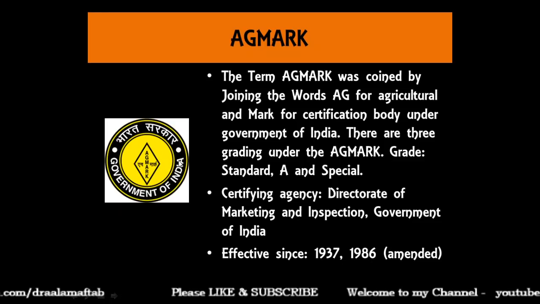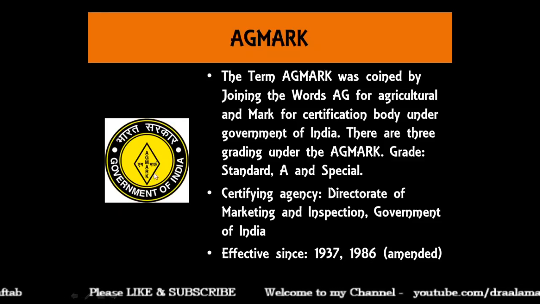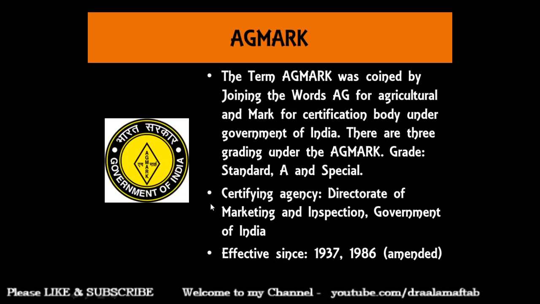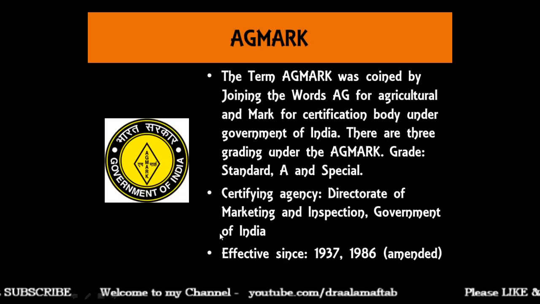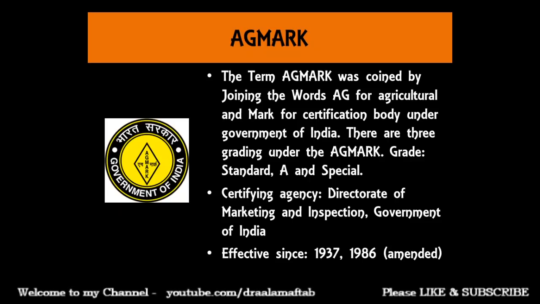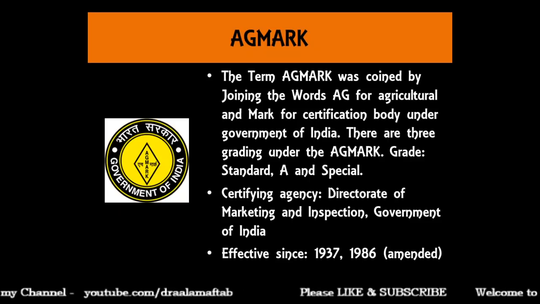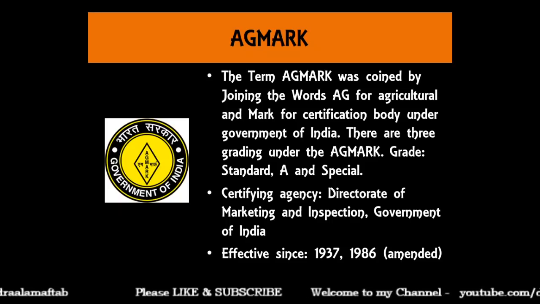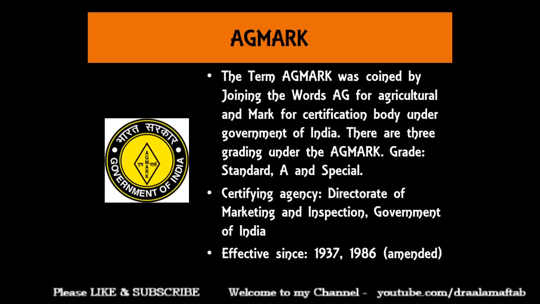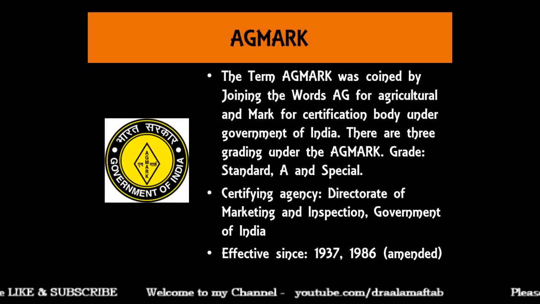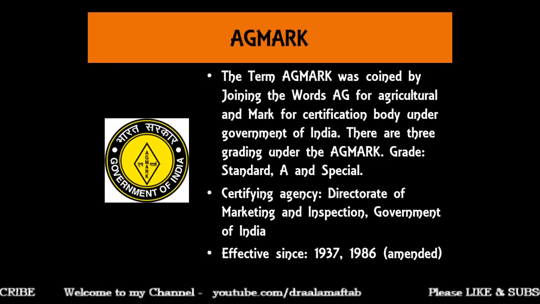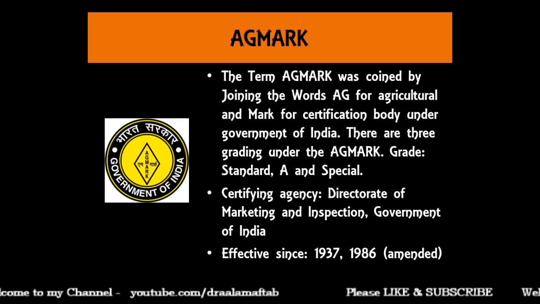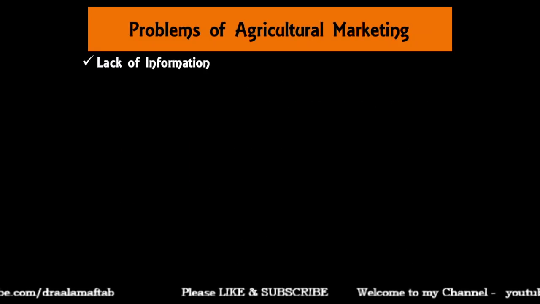And this is the symbol used for the Agmark certification, which is there, but its use and implementation is not across all agriculture products, and the intensity is also low, and mostly it is used by the big retailers, big businessmen.